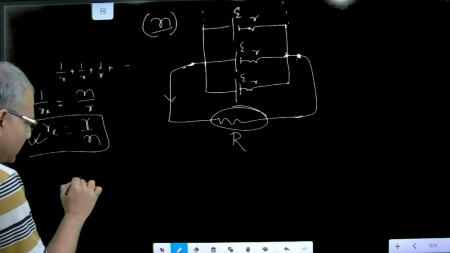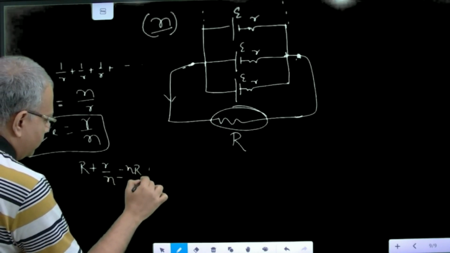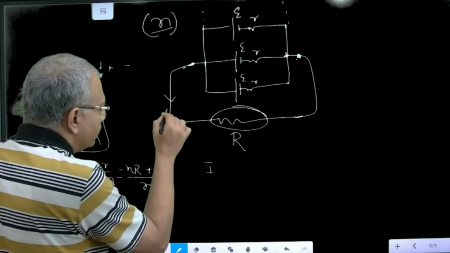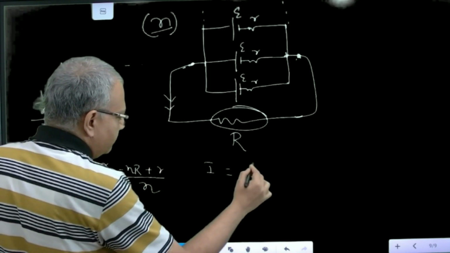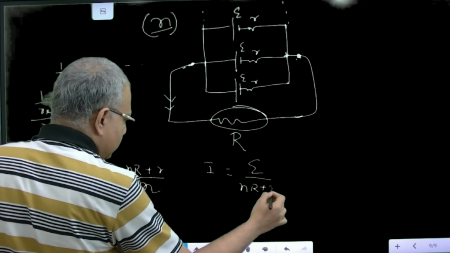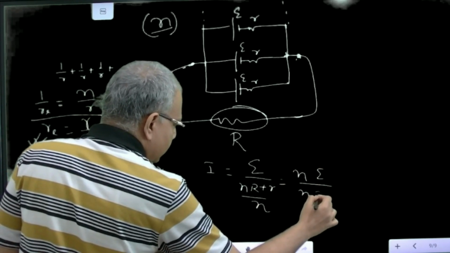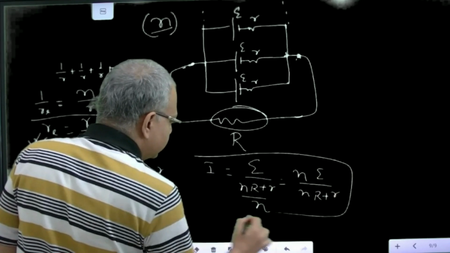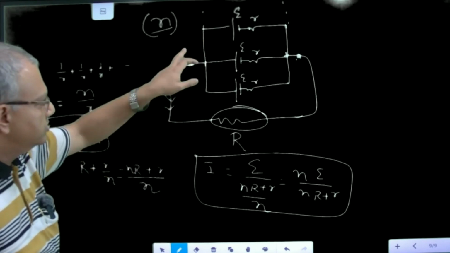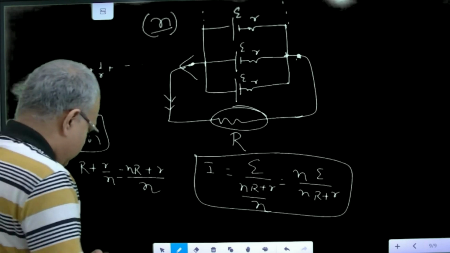So total resistance R plus R by N. So now the net current which is going to flow through this one is equal to EMF E divided by R plus R divided by N. So this is the expression of the net current which is going to flow through the external resistance.